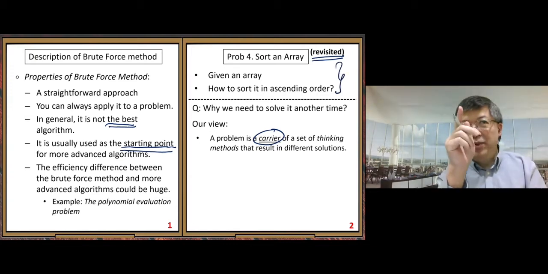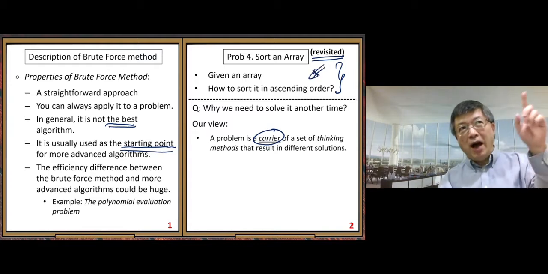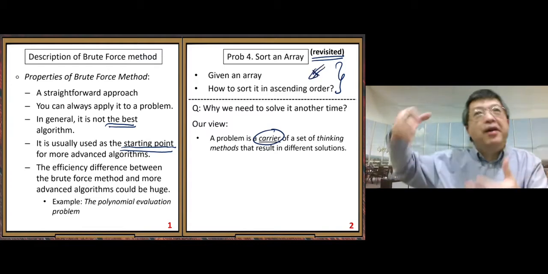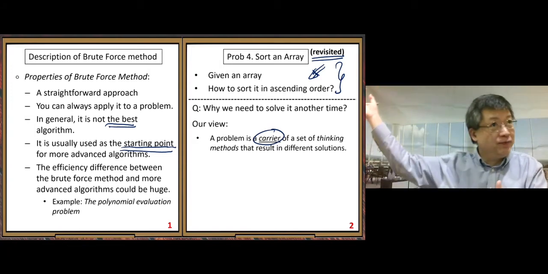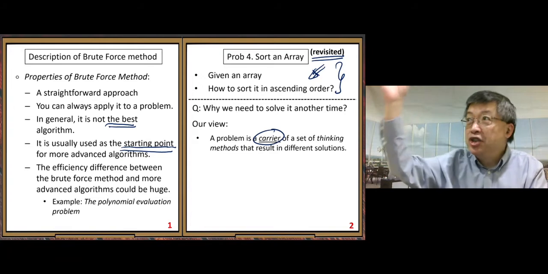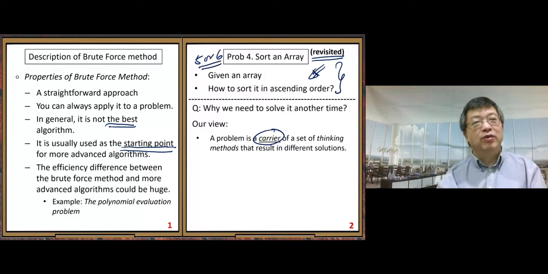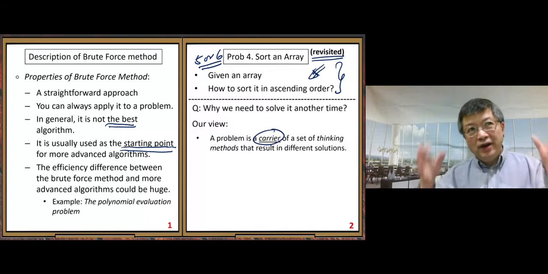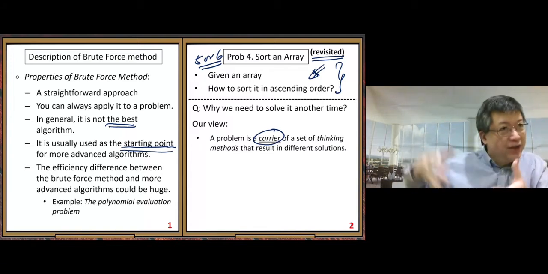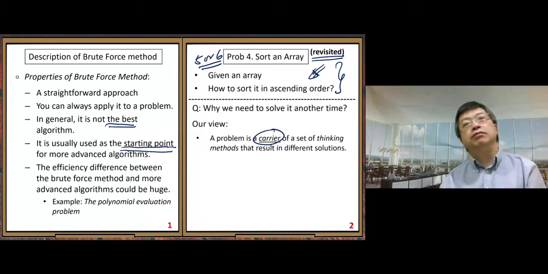Make a special computing problem. Here, the sorting problem. This sorting problem can carry 5 or 6 different thinking methods. Here I just say a small number. In this class, we will do 5 or 6 sorting methods, so it carries 5 or 6 different thinking methods inside this particular problem.